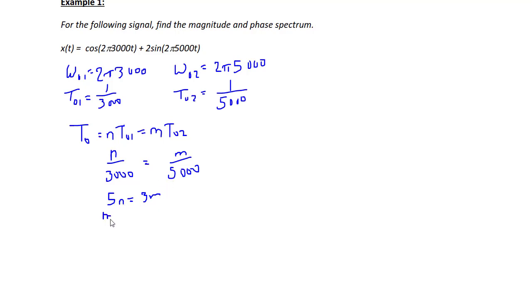So when m is equal to 5 and n is equal to 3, we can use this to get our fundamental period T naught equal to 3 over 3000, which also equals 5 over 5000. So the fundamental period for the signal x(t) is 1 over 1000 seconds.